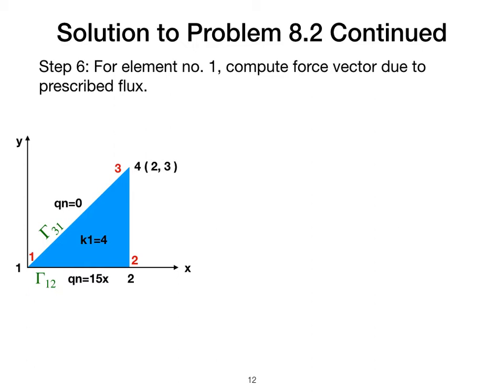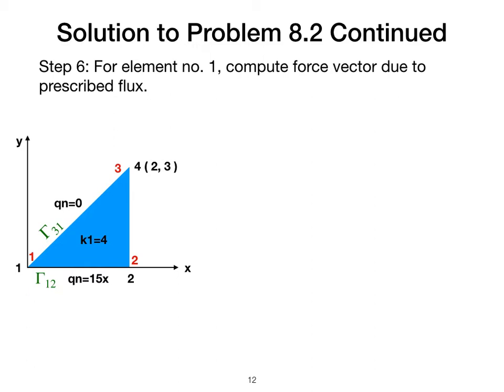In the problem it is mentioned that the boundary connecting nodes 1 and 3 is insulated. That really means Qn equal to 0. So we are writing Qn equal to 0 there. And at gamma 1 2, Qn equal to 15 times x.